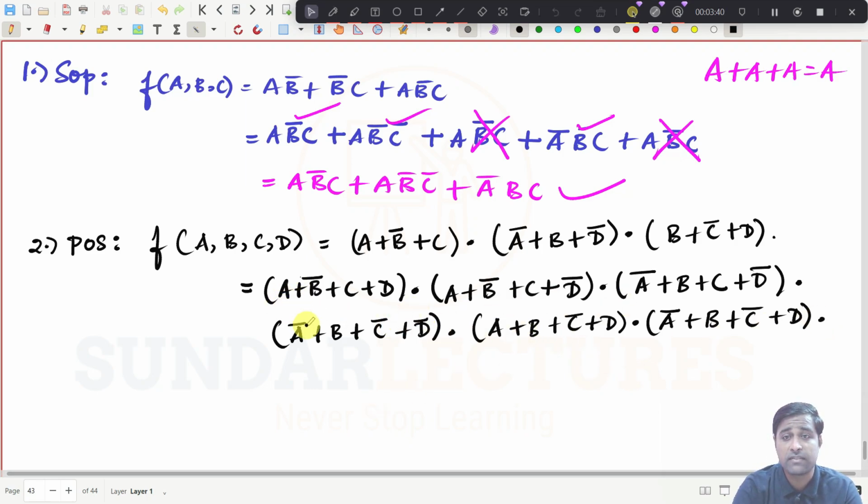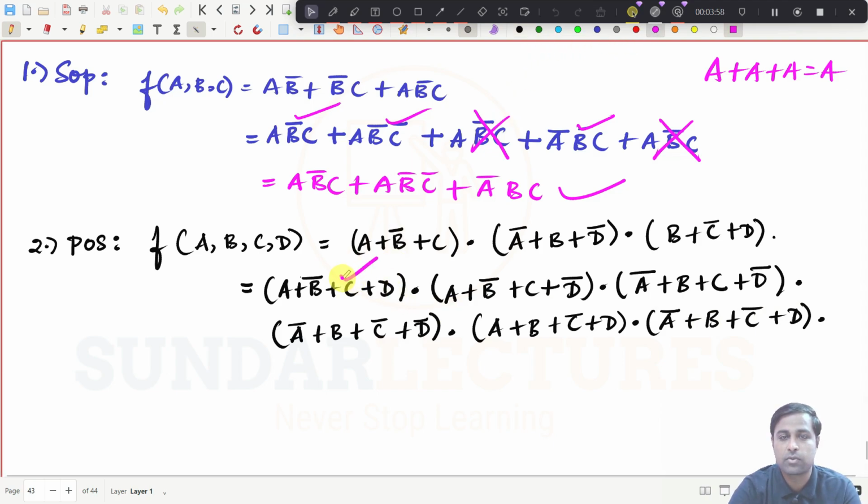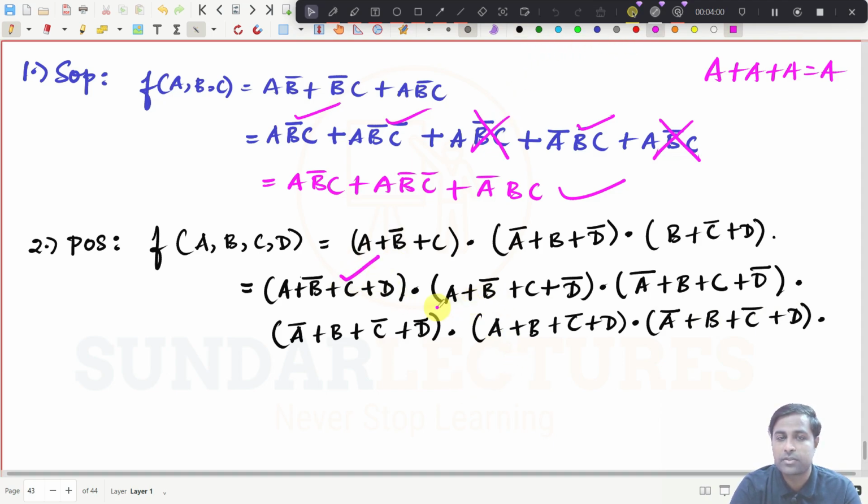Now you have to see whether any two terms are the same. See here, this is a different term, this is a different term, right? Here it is A bar, here it is A bar. Here, is anything the same? No. B bar is here, it is okay. Then this term will exist, no problem. And then you compare this one now. A is here, B bar is here, right? So no problem whatsoever.